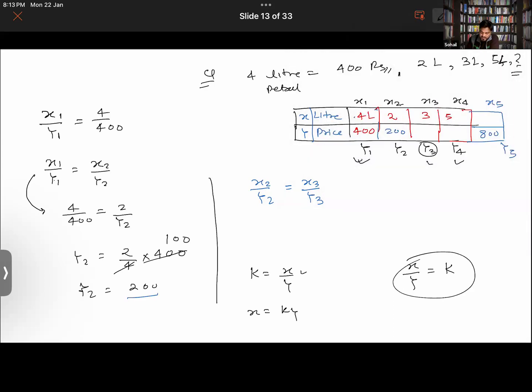So can't we use this one also? x5 will be k into y5, and k is how much? What is k in this one? 1 upon 100. Very good. So 1 upon 100 times 800. We are getting 8. So x5 is 8 liters.